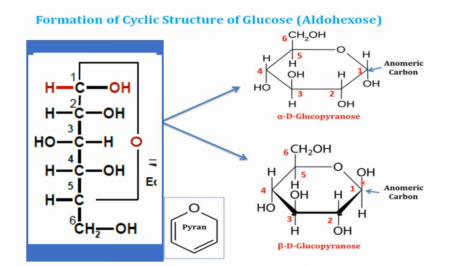So this is the structure of alpha D glucopyranose and beta D glucopyranose. Only change in configuration or placement of H and OH group is for the first carbon atom. If it is alpha, OH group is down to the plane. If it is beta, OH group is above the plane. Okay? Clear? Take down, very important.